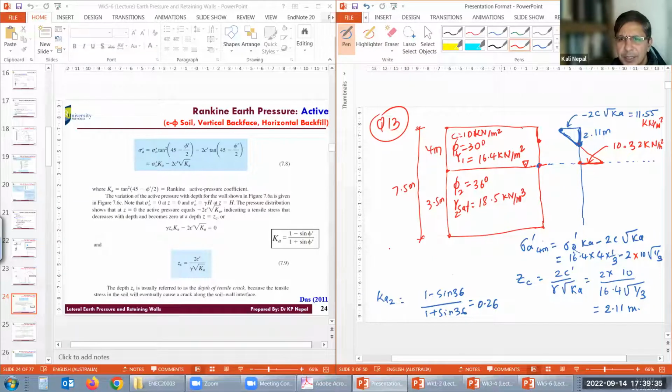Gamma D is 16.4, the same unit weight as the top, times depth 4, and then multiply by Ka. I need to use the bottom Ka, 0.26. Can you calculate that for me? There is no c for the bottom layer, all right? How much is this?